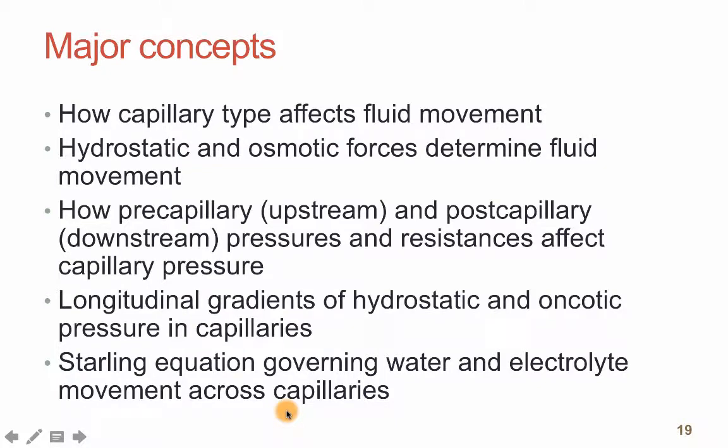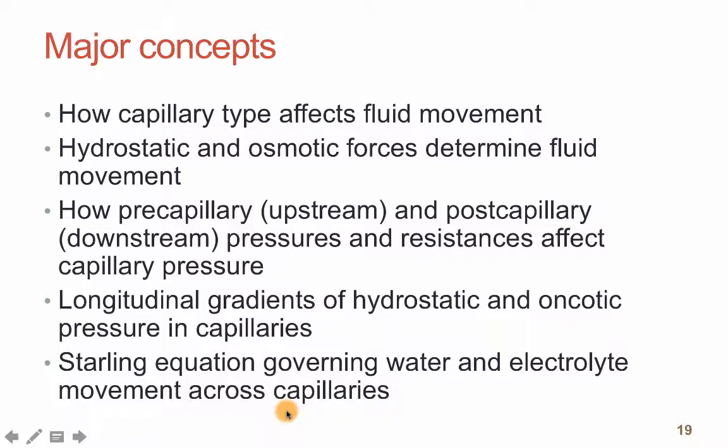So in this lecture, we have examined several major concepts. We've looked at how the capillary type affects the fluid movement. We've looked at hydrostatic and osmotic forces and how they determine fluid movement. How precapillary and postcapillary pressures and resistances affect capillary pressure.